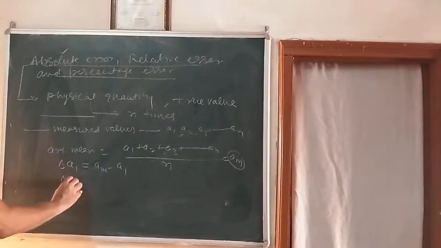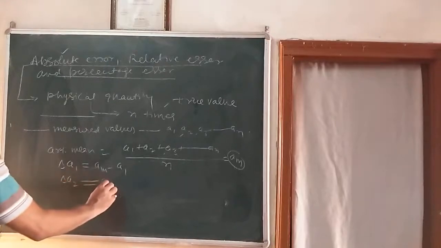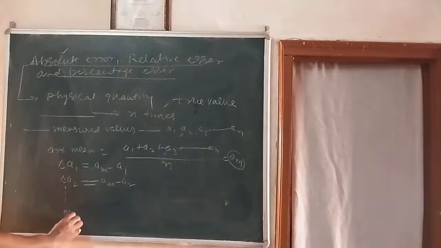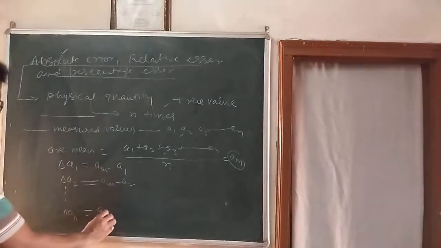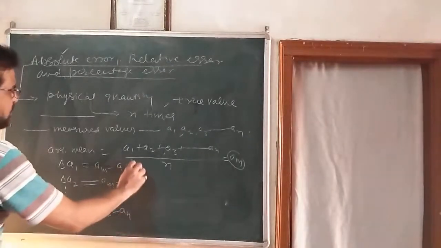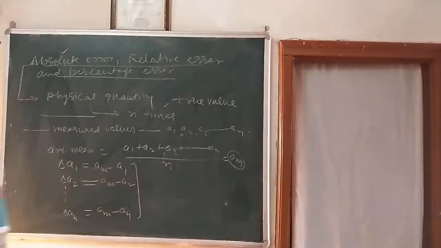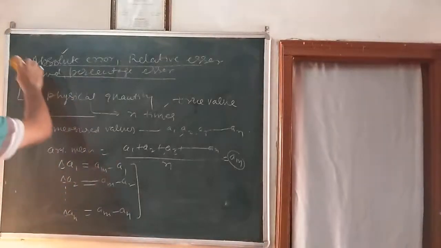Similarly, delta of A2 is Am minus A2. Like this, delta of An is equal to Am minus An. These are the values we get, called absolute errors. Is it clear?